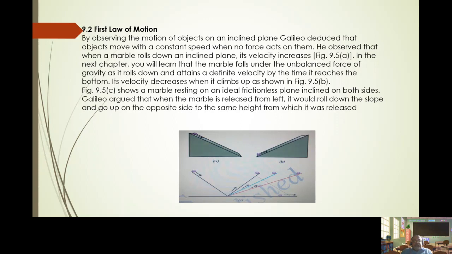Figure 9.5c shows a marble resting on an ideal frictionless inclined plane on both sides. Galileo argued that when the marble is released from the left, it would roll down the slope and go up on the opposite side to the same height from which it is released.